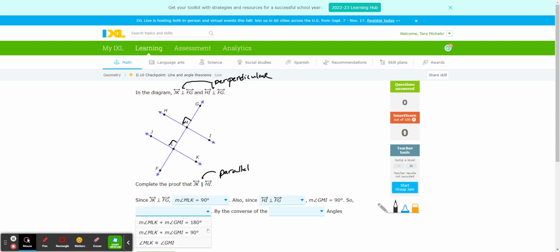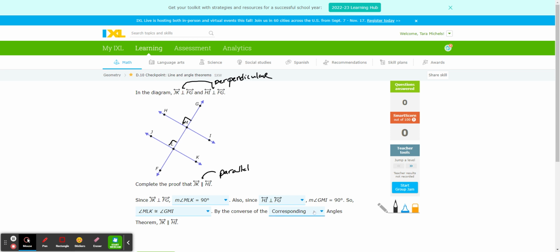So we can say that MLK, which is 90, is congruent to GMI because they are both 90 degrees. So I can say they are congruent by the converse of, notice these two angles here are corresponding angles.